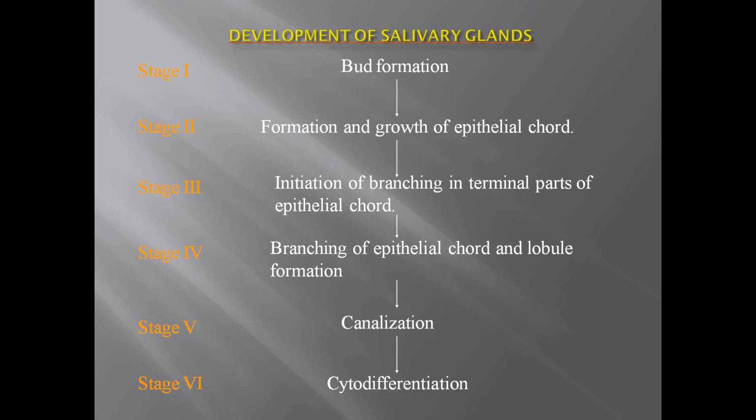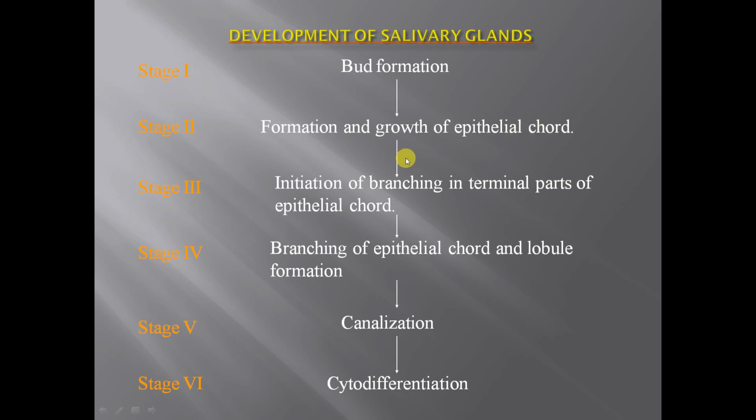So this is the development of the salivary glands. There are basically six stages in which the development of the salivary gland takes place. In the first stage, the bud formation takes place. In the second stage, the formation and growth of the epithelial cord. The bud further forms the epithelial cord.